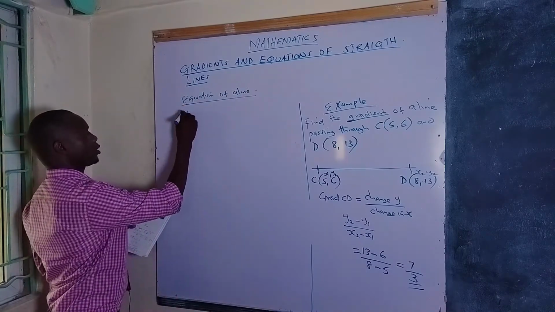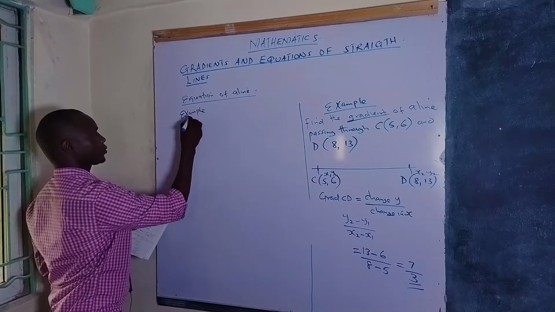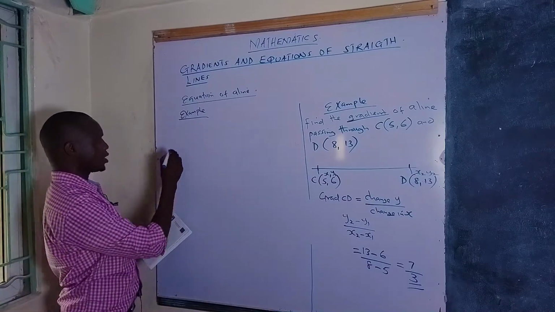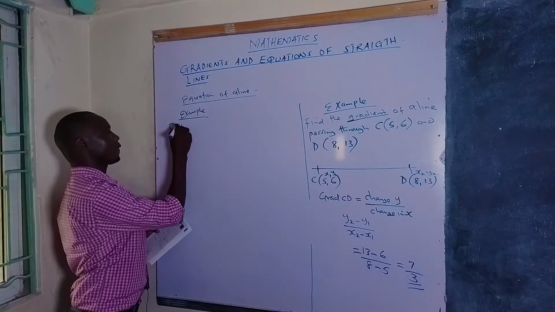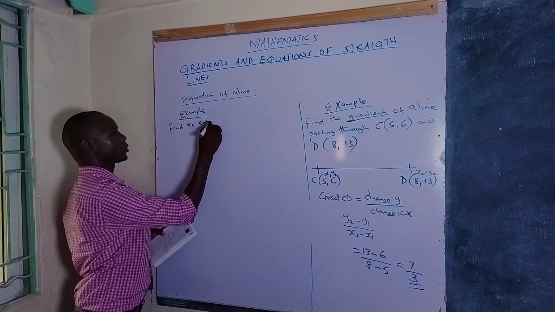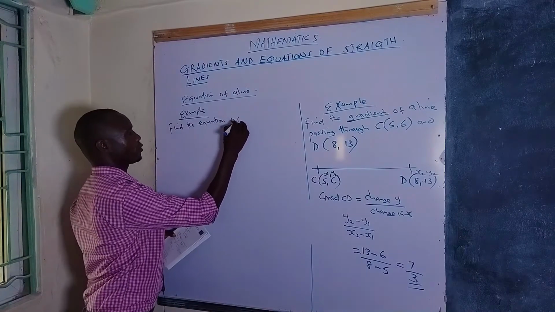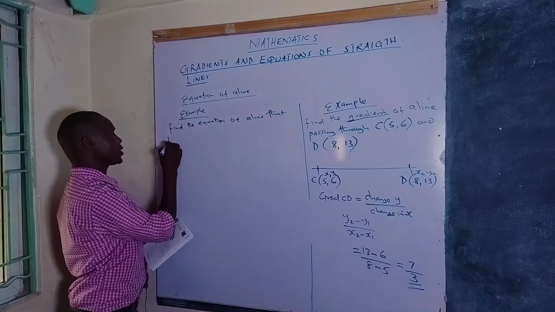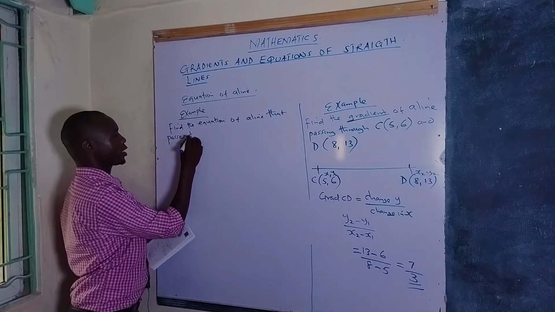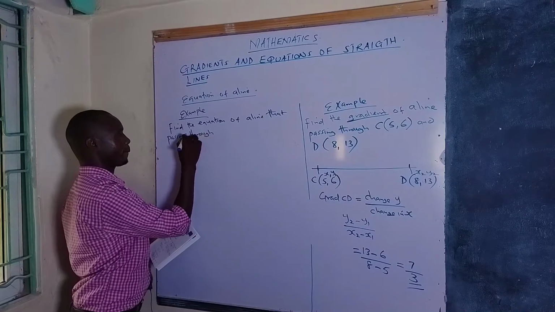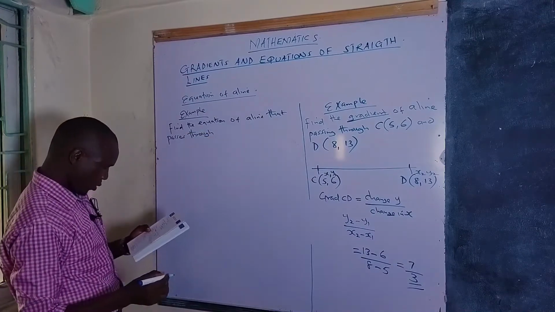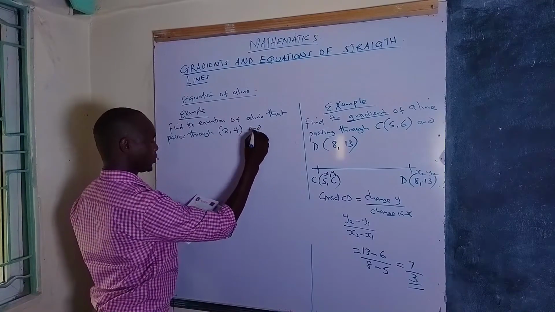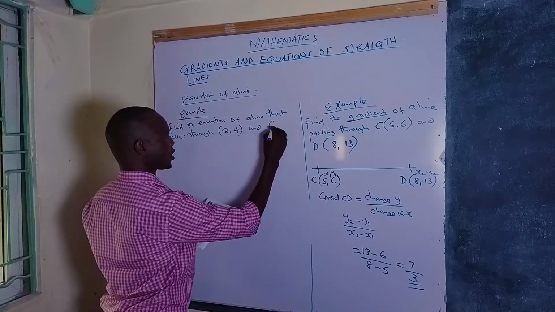Let us take an example here. The question reads, find the equation of a line that passes through 2, 4, and 6, 14.